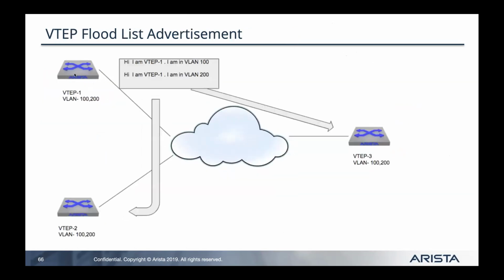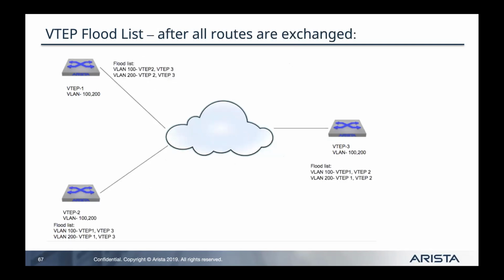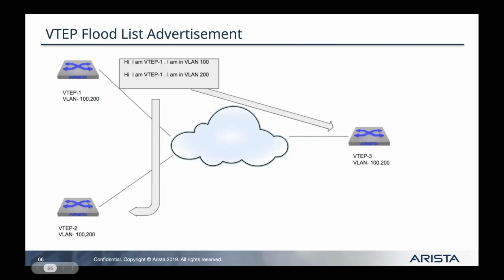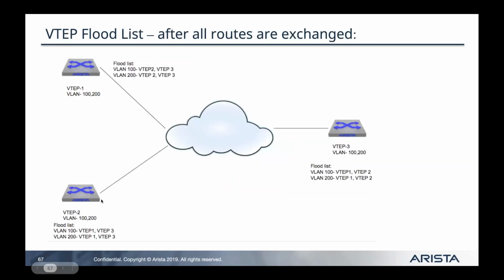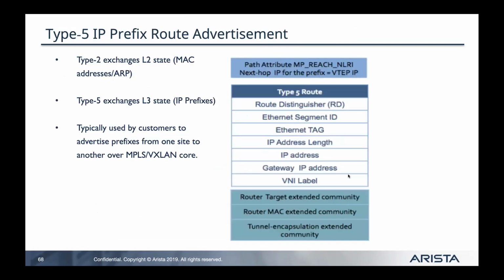So VTEP 1 is saying, I have VLAN 100 and also VLAN 200. Both VTEPs are sending this. By receiving it, all the VTEPs will learn that for VLAN 100, packets have to be sent to VTEP 1 and 2.